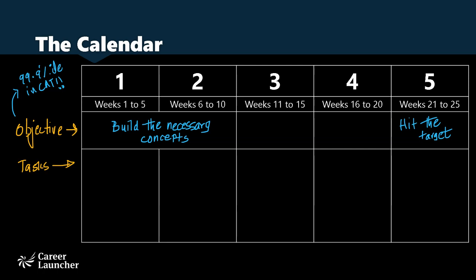Can I build my basic concept fundamentals in how to solve a paragraph summary question, how to solve a paragraph jumble question, how to solve a reading comprehension question? Within reading comprehension, how to solve a question that asks me the main idea, how to solve a question that asks me to draw an inference, how to solve a specific recall question. So that is the thing that I would want to do in the first 2 phases. It will require that much time.